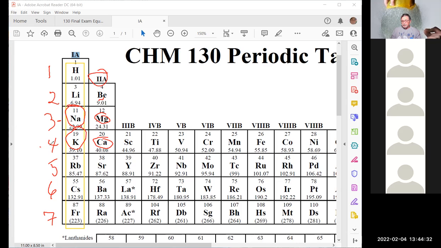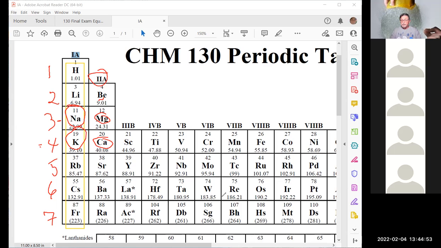It happens to be energy level number 4. And the guys in this group all have the same reactivity simply because they share the same number of valence electrons, and therefore they will react very similarly.